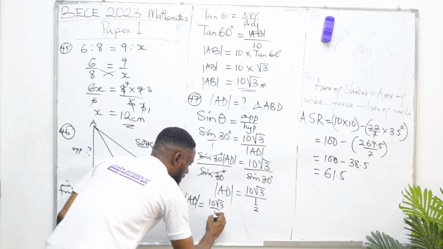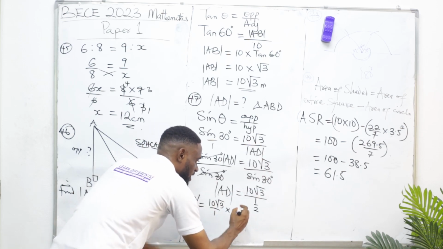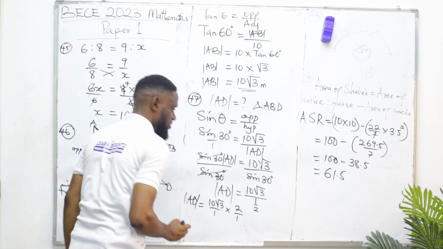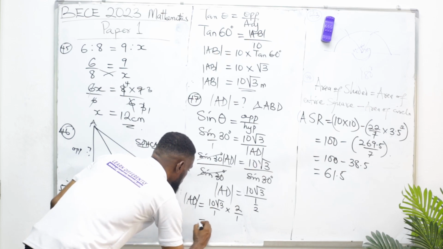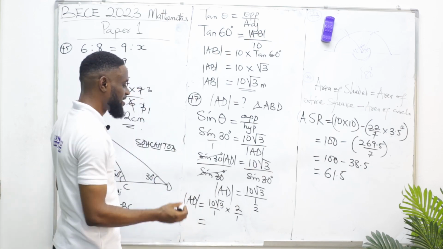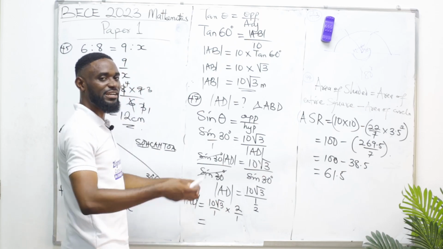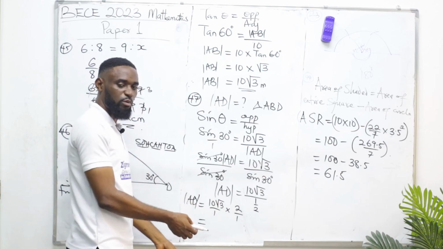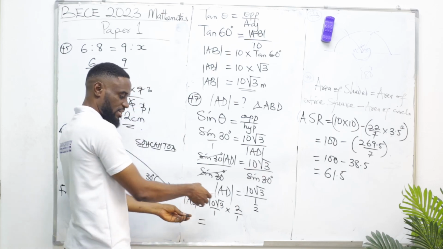And remember, this over 1 times, this will go up, this will come down, 2 over 1. So this will now be equal to, remember, I said multiplying a real number with a number in surd form is not possible. So these two can only multiply 10 because 10 is a like term.